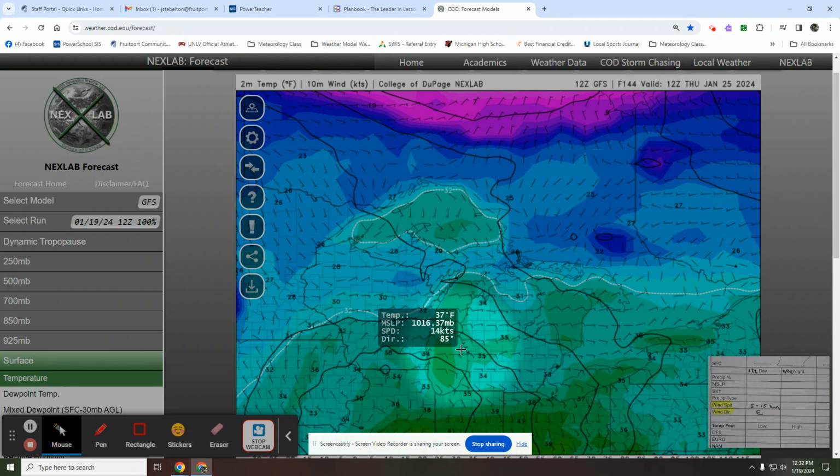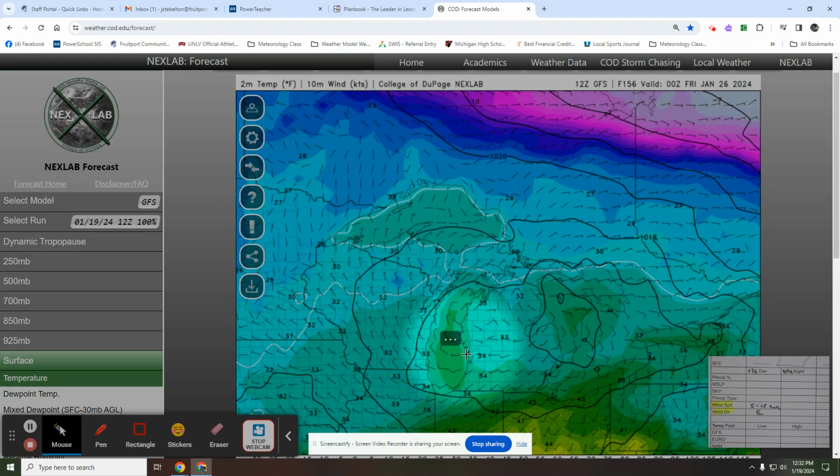Okay, so now I'm going to do night. I'm going to scroll ahead to 00Z, which it says Friday, but it's actually 7 p.m. on Thursday because we're 5 hours behind that. And the wind speed here, you can see that it's coming from all different directions. So this one's a little bit more difficult. This is actually closer to calm.